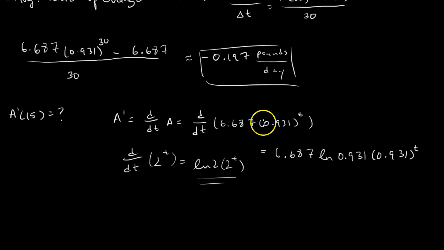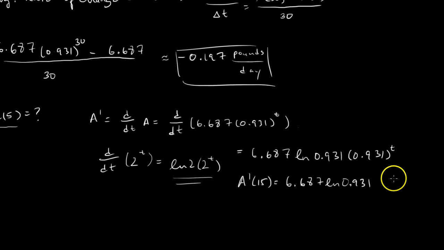Simple enough. Now, we want A prime of 15. So we plug 15 into this equation. We get 6.687 ln of 0.931 times 0.931 to the 15.